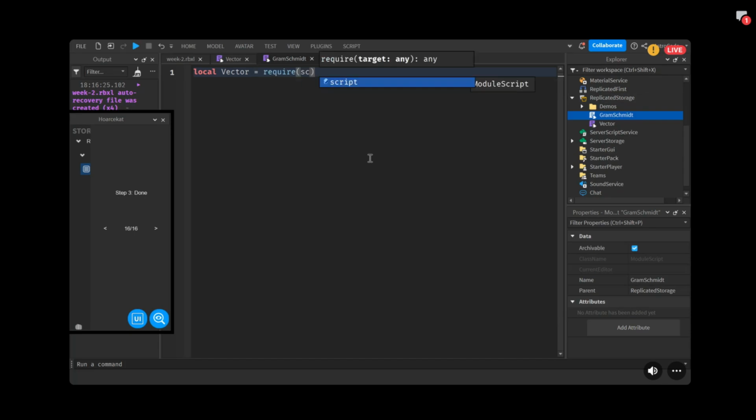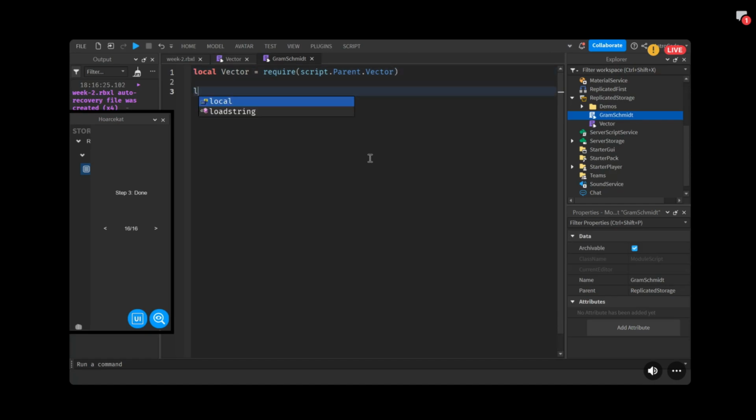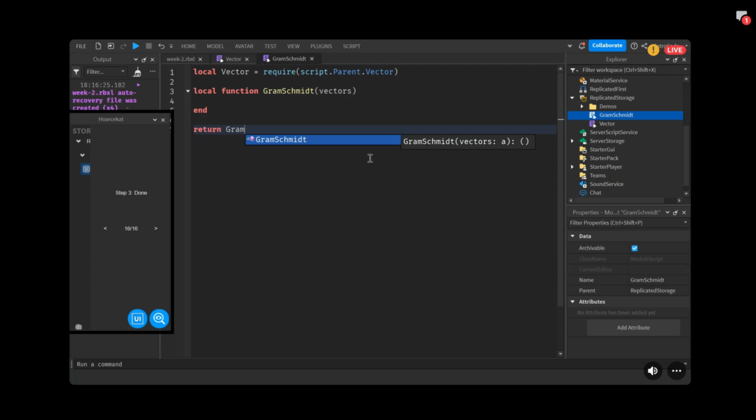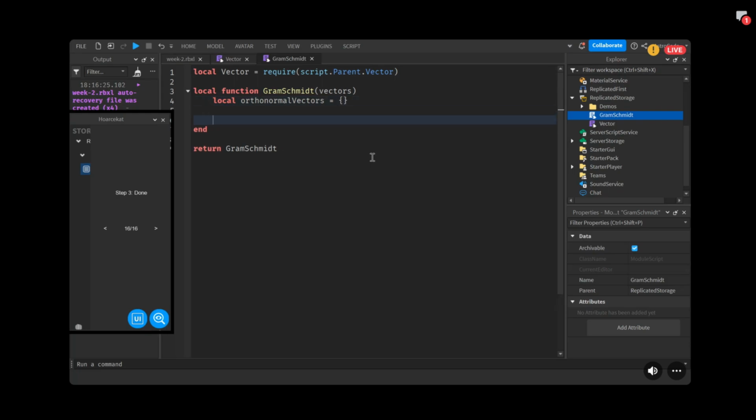Okay, so we'll require vector. And we need a function, Gram-Schmidt. Gram-Schmidt is going to take in a list of vectors, and we'll return our Gram-Schmidt. What we're going to want to end up with is a table of orthonormal vectors. All right, so what was the first step in our process?